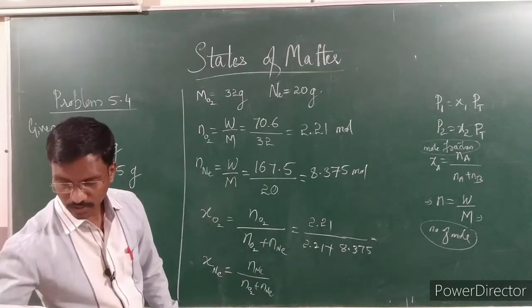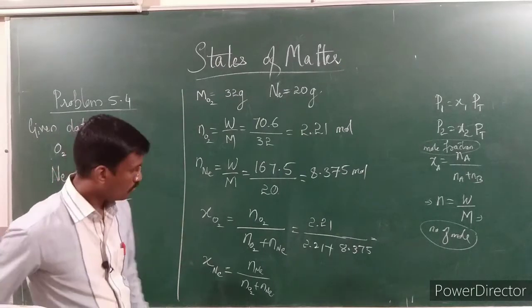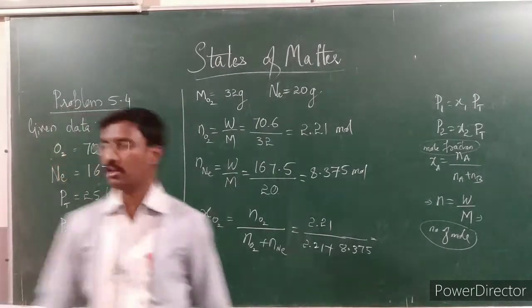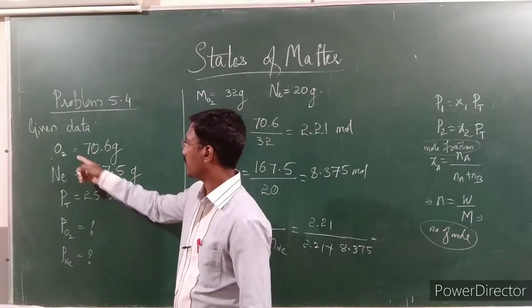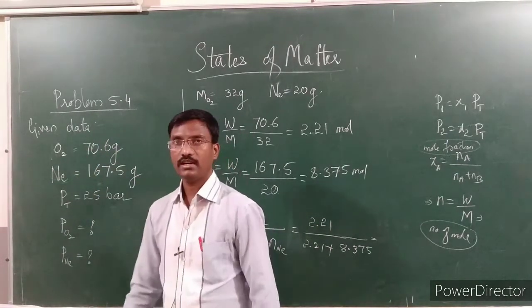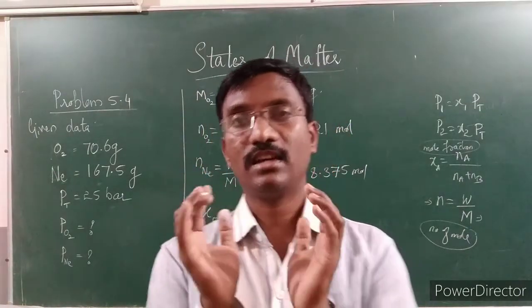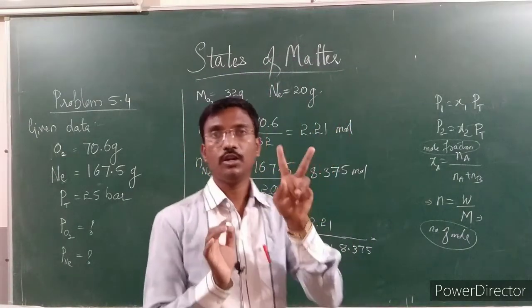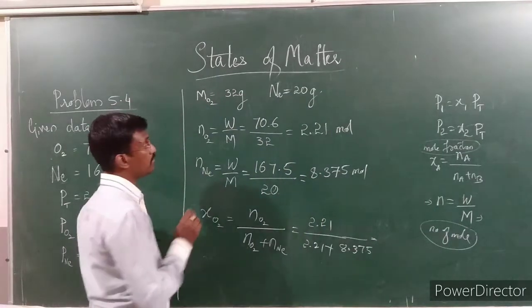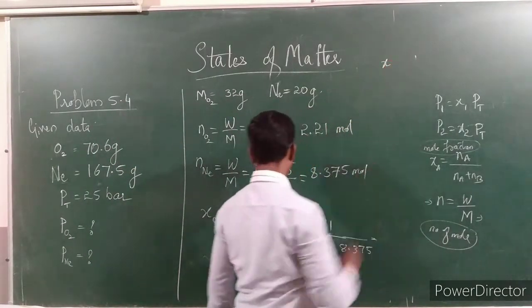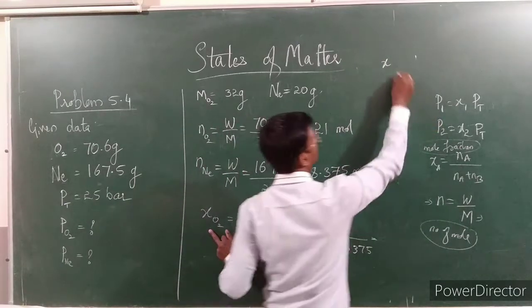Here I would like to tell you one more method. Here I have taken a mixture of gases. Only two gases are mixed, that is, the number of gases mixed is 2. One gas has the mole fraction that I would write as x1.